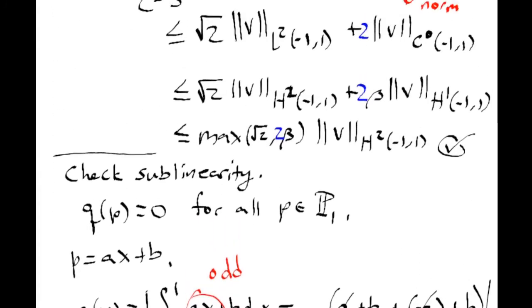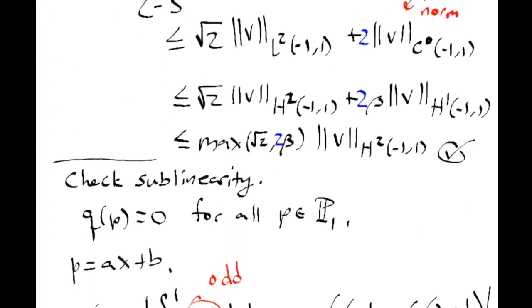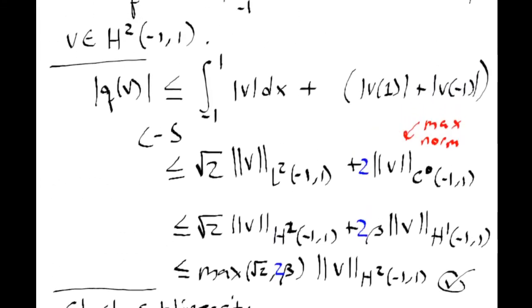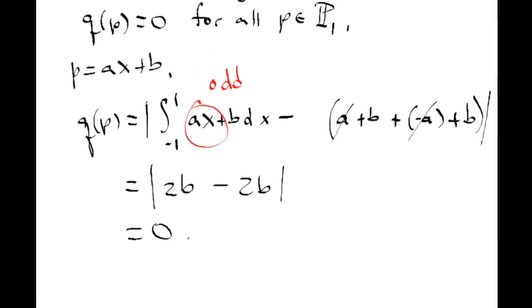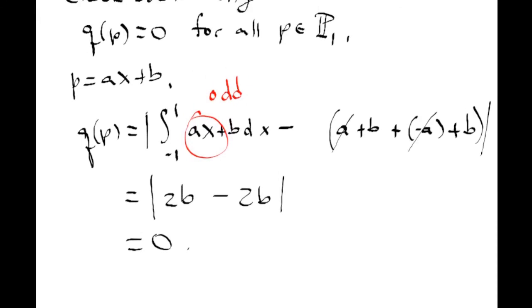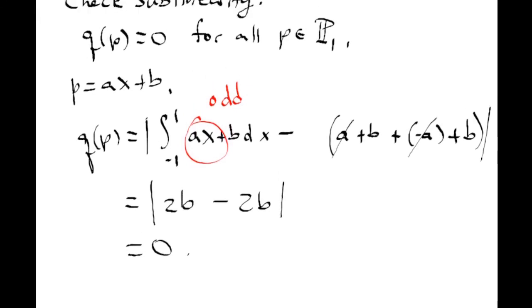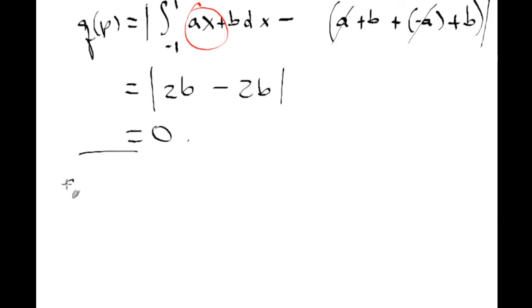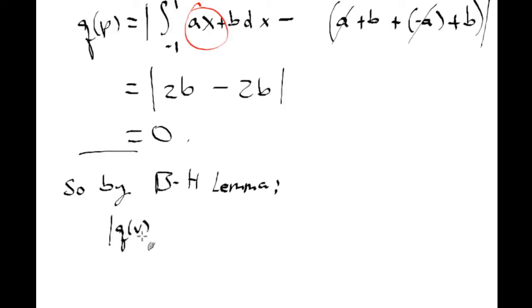So assuming sublinearity holds, we have Q is a bounded functional, and it's 0 for first degree polynomials. So what does that mean? By the Bramble-Hilbert lemma, we have that the error in the quadrature is bounded by a constant times v in the H2 norm.